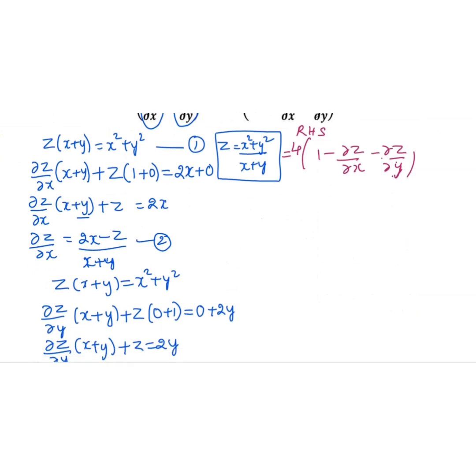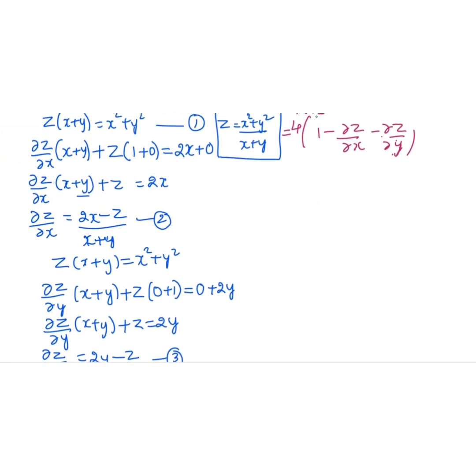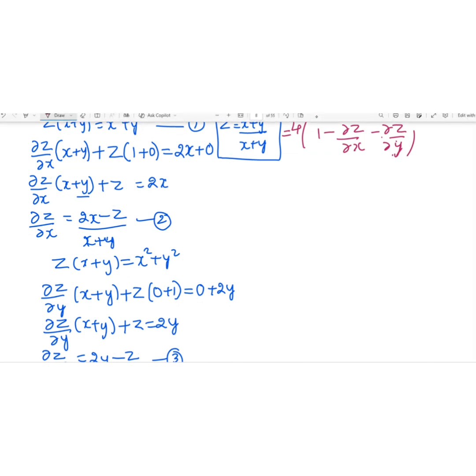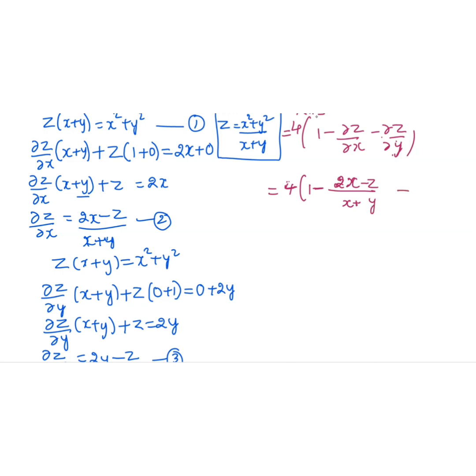So now what do we get? We get 4 into 1 minus 2x minus z divided by x plus y, minus of 2y minus z divided by x plus y.